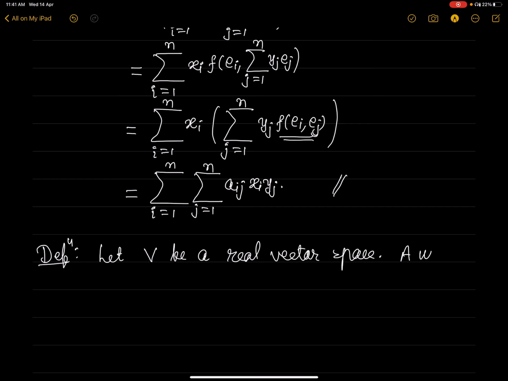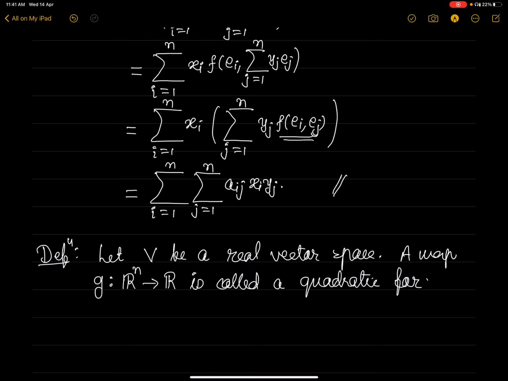A map G from R^n to R is called a quadratic form.